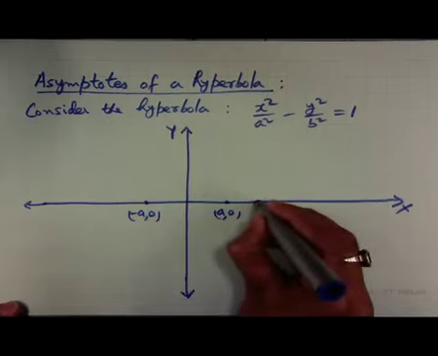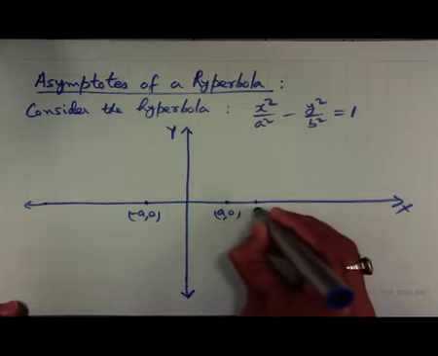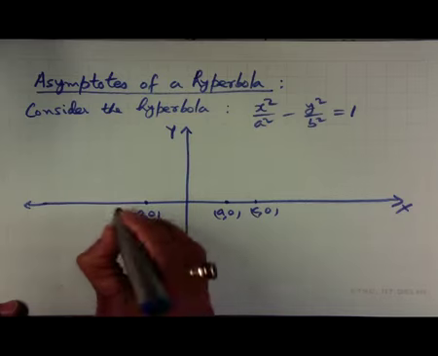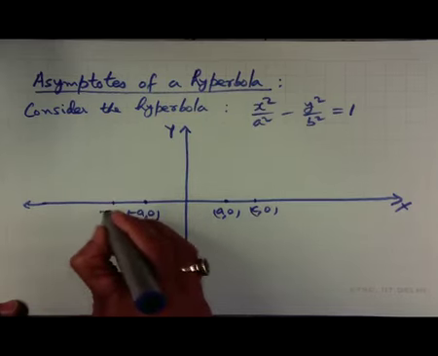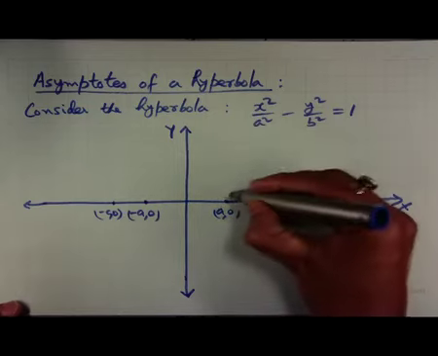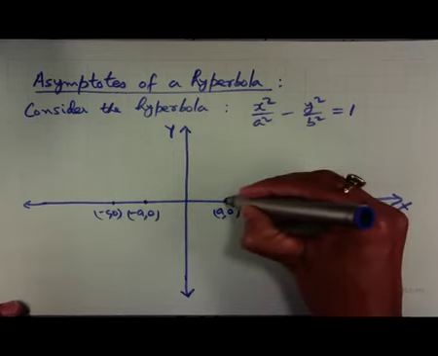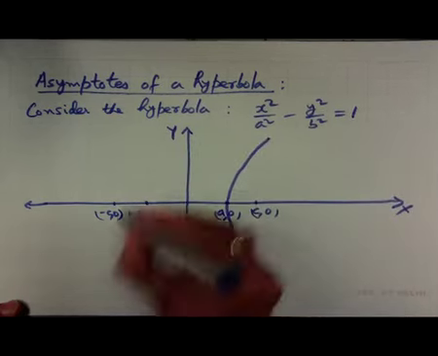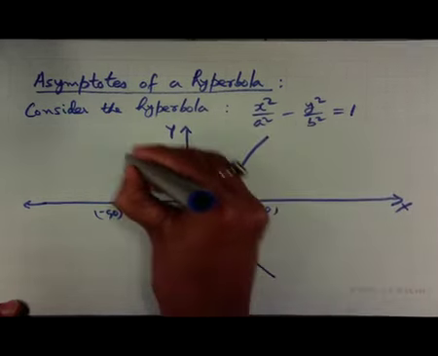Foci are at the points (c, 0) and (minus c, 0). And the graph looks like this, it passes through these vertices.